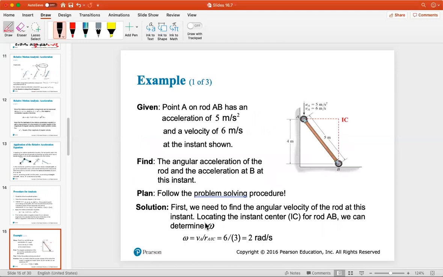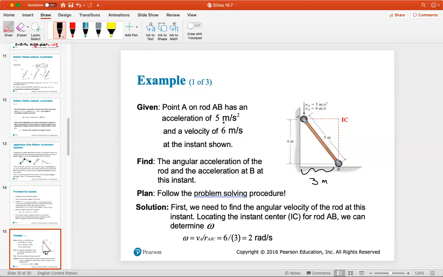Okay, so here's our first example. This is a rod, with rollers that are going to stay attached to the surfaces. The point A is going to slide down, and they give us a velocity and an acceleration at that moment. And then B is going to roll along the ground. The length of the rod is 5, and the height is 4, so this must be 3 meters because it makes a 3, 4, 5 right triangle.